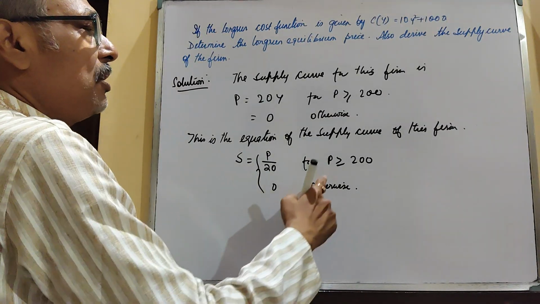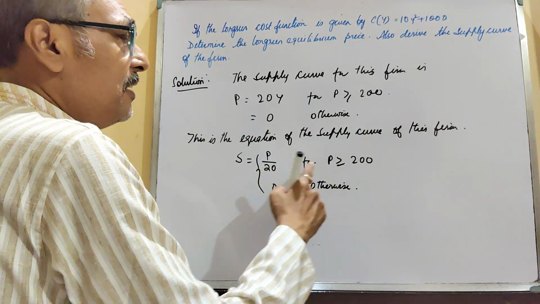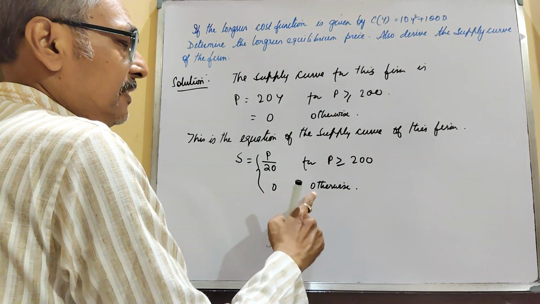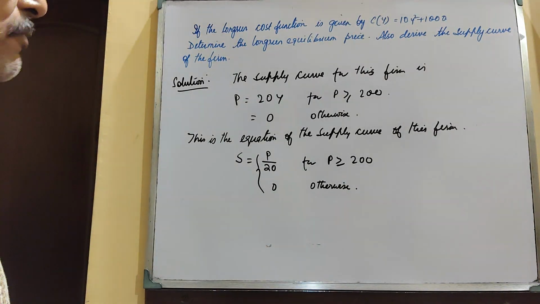This is the equation of the supply curve of the firm. S equals P by 20 for P greater than or equal to 200 and 0 otherwise. This is the answer to this question.